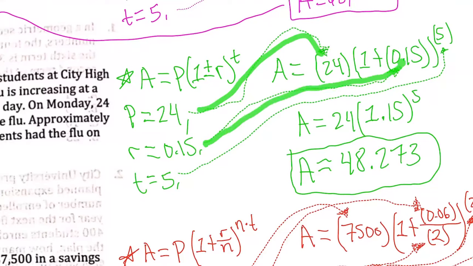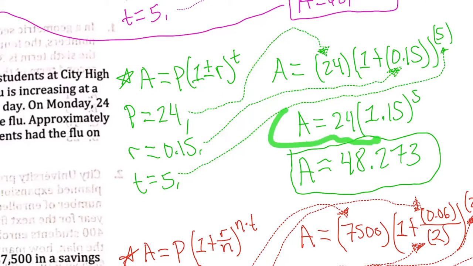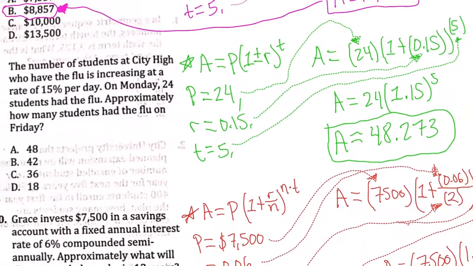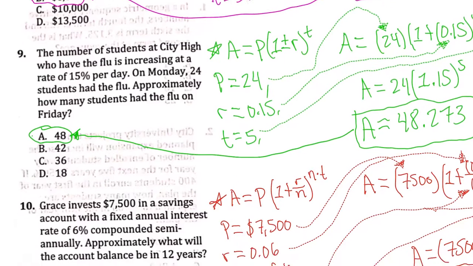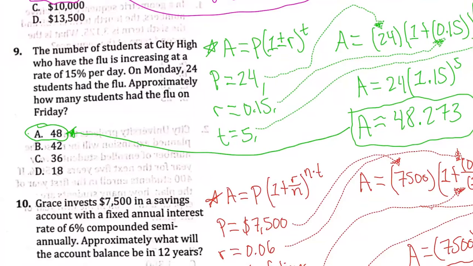You do the math, and then you are left with approximately 48 students. 48 students got the flu. Because you can't have 0.2 students, so it's just an approximation.